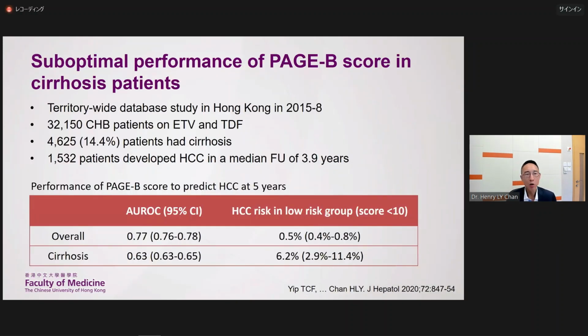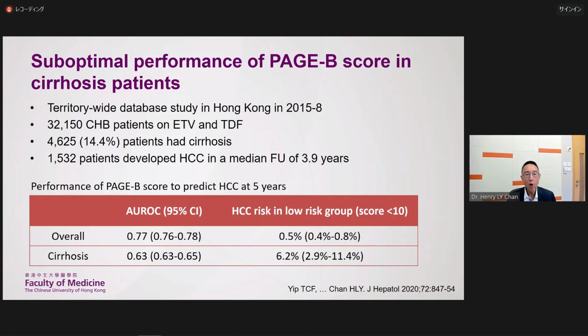So going back to Hong Kong, we try to look into the importance of cirrhosis in the performance of PAGE-B score. So we managed to collect a territory-wide database from 2015 to 18, and there were 32,000 hepatitis B patients on entecavir or tenofovir. 14.4% of them had cirrhosis at baseline, and more than 1,500 patients developed HCC in a median follow-up of almost 4 years.